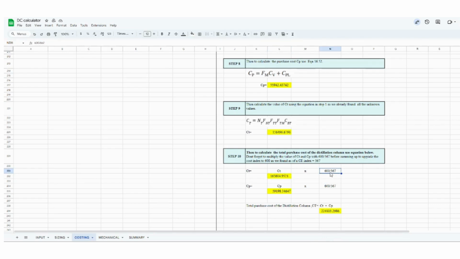So we need to update it to a CE index of 600 for just the towers in our case. So we need to multiply by 600 over 567 to get the actual value of CT, and we also need to multiply CP too. So for the total purchase cost of the DC, we need to sum up the actual value of CT and the actual value of CP to get the purchase cost.